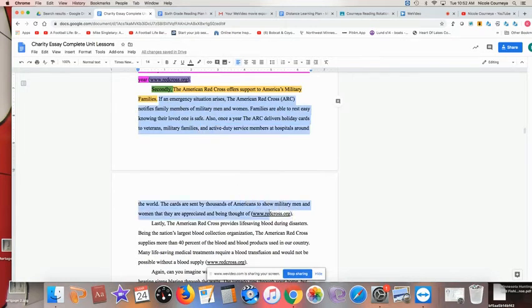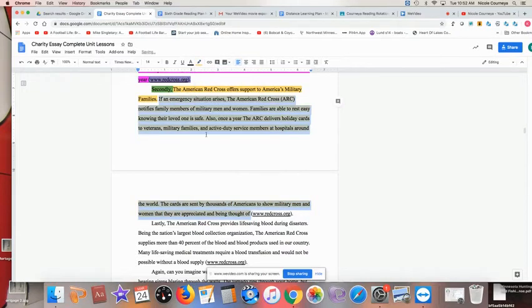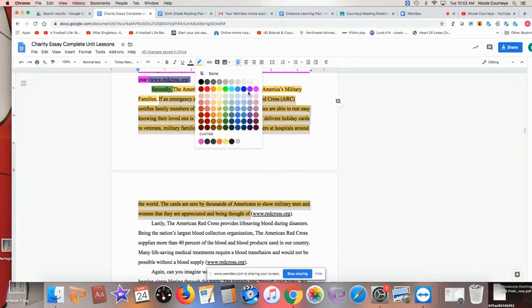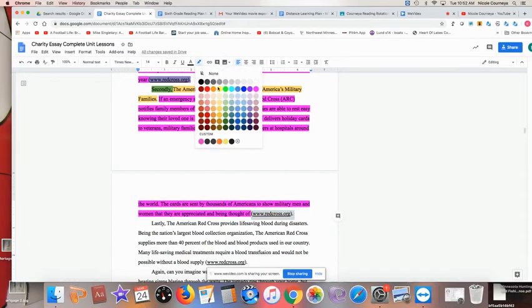I needed to tell more about where the money goes, who it affects, and all dealing with America's families. Sorry, pink. With the military families. Okay, so all of this is dealing with military. It goes into more in-depth information about them. Okay, and then of course, where did I get my information from? I can just copy and paste that. That's fine because that is the name of the website.